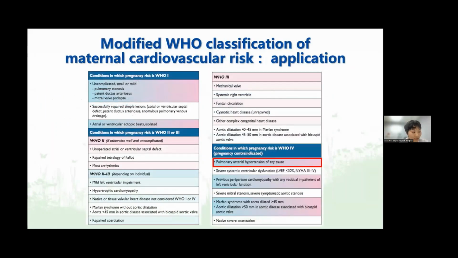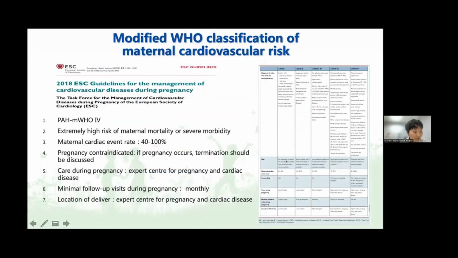In this modified WHO classification, patients with PH are categorized as class 4, which means extremely high risk of maternal mortality and severe morbidity. The maternal cardiac event rate is 40 to 100%.